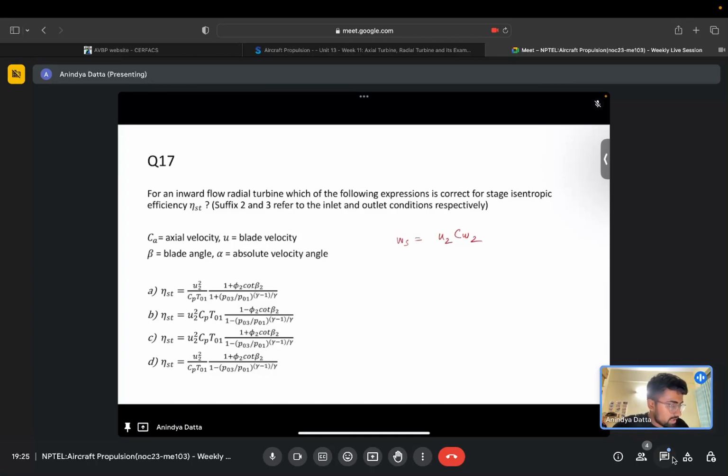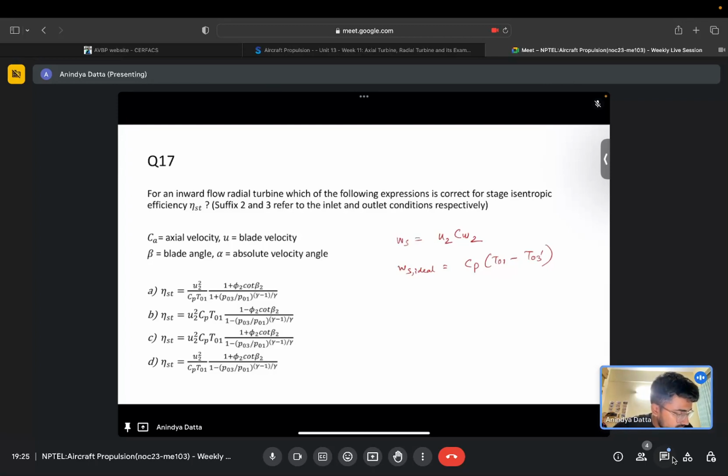And this is the ideal work, which we can get from thermodynamics, which is Cp times (T01 minus T03 prime). So T03 prime is the temperature at the exit of the turbine, given that the flow is isentropic.